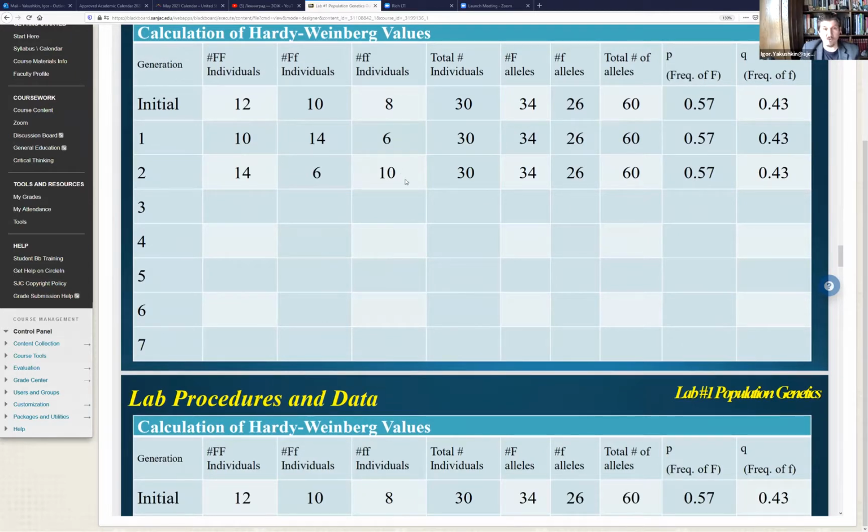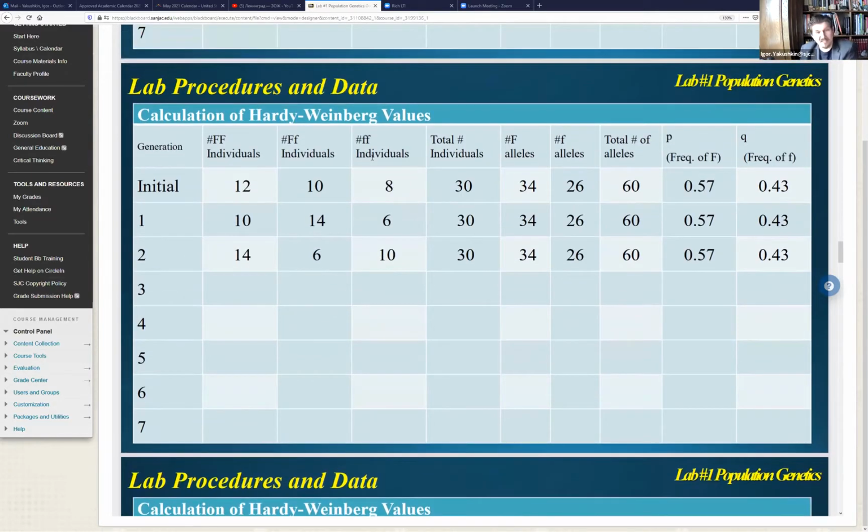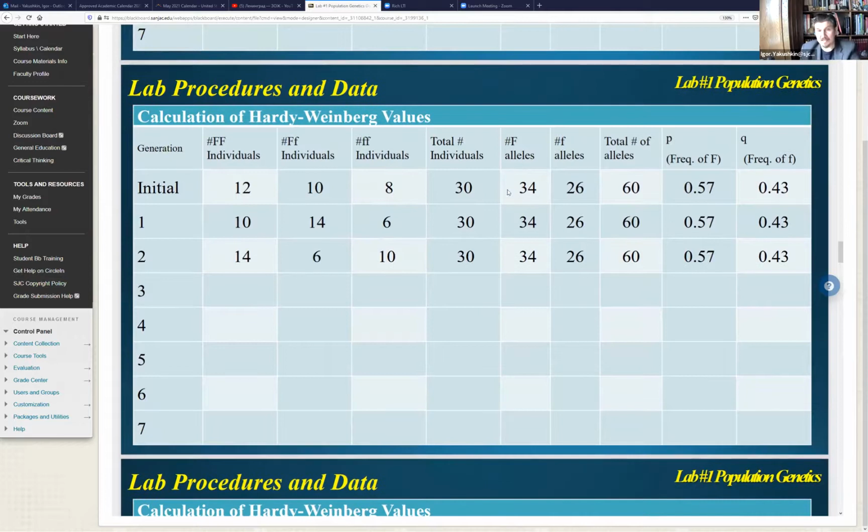So we have 20 and 10. Seems very different. But still 30 individuals, they breed to the capacity. But the number of F alleles, capital or lowercase, did not change. The frequencies stay exactly the same.